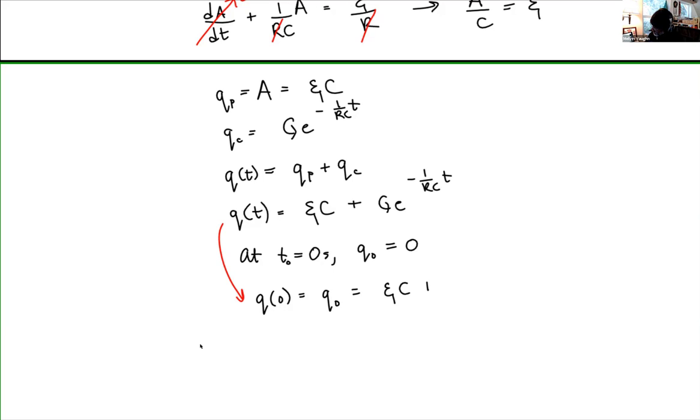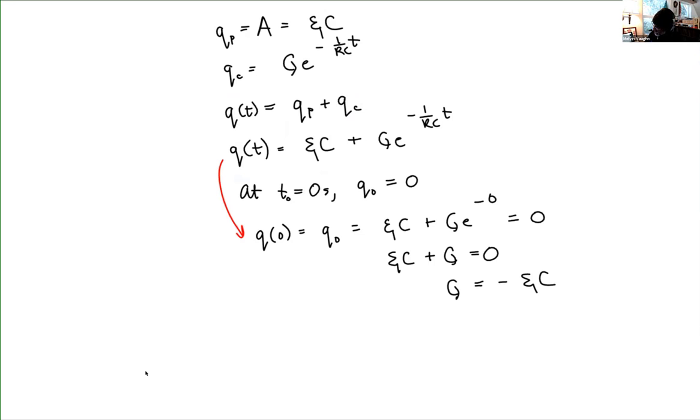We have this expression, e to the minus 0, and we're saying that this is equal to 0. Well, this is saying that the product of the EMF and the capacitance plus our constant of integration is equal to 0. So this initial value allows us to determine our constant of integration. Our constant of integration is equal to minus the product of the potential difference and the capacitance.